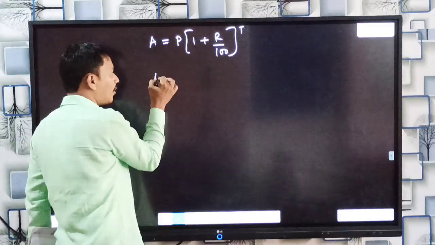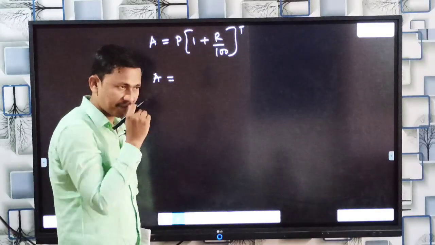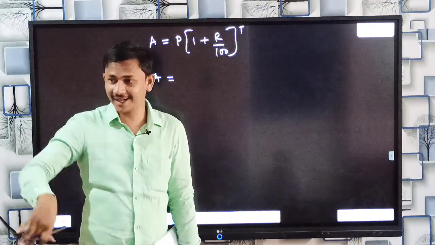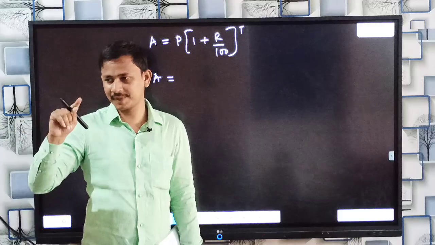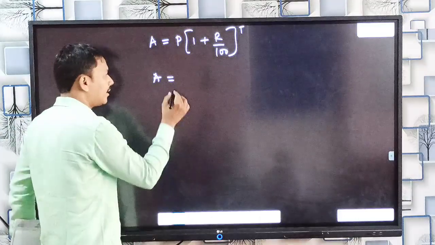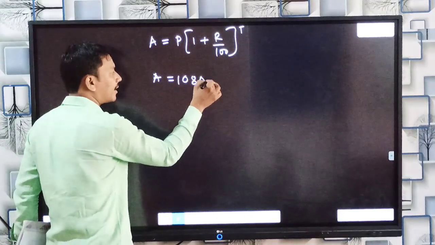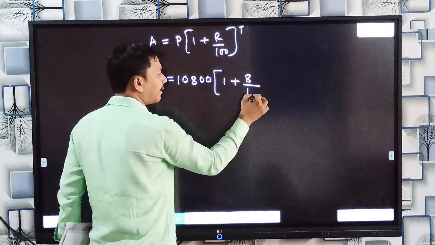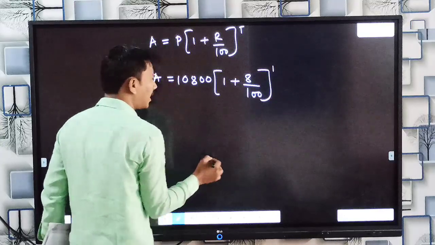This is equal to, what is the principal here? 10,800. After the first year, 10,000 became 10,800. 10,800 in bracket 1 plus, what is the rate? Same, 8% divided by 100. What is the time? 1 year.